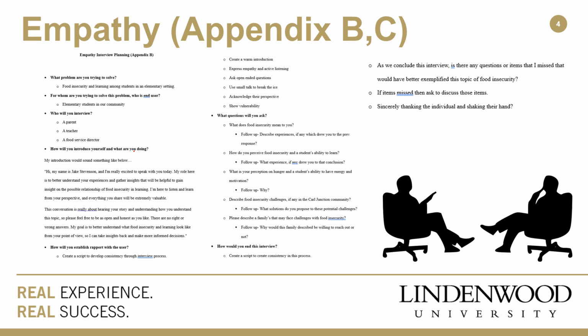Question 3. What is your perception of hunger and a student's ability to have energy and motivation? Follow-up: Why? Next question. Describe food insecurity challenges, if any, in the Carl Junction community. Follow-up question: What solutions do you propose to these potential challenges?